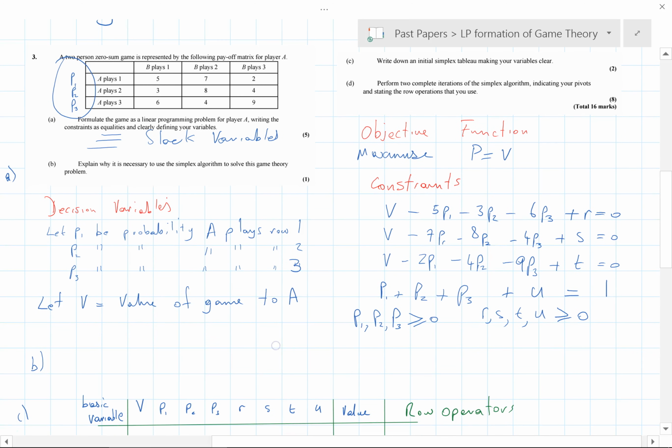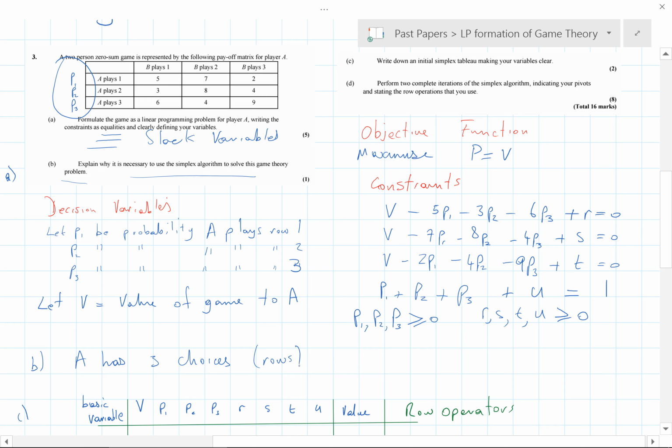Now part B says, explain why it's necessary to use the Simplex algorithm to solve this game theory problem. And the reason is because we've got 3 options for A. A has 3 choices, 3 rows.